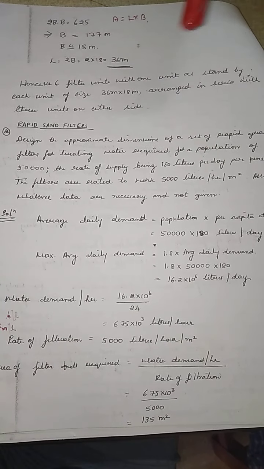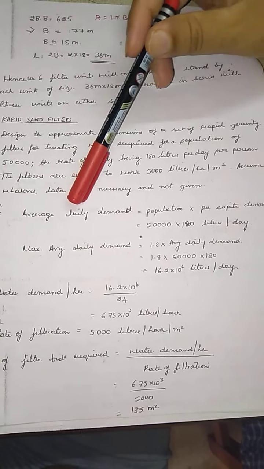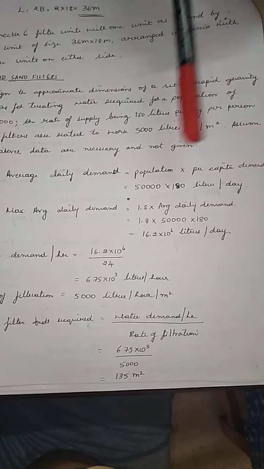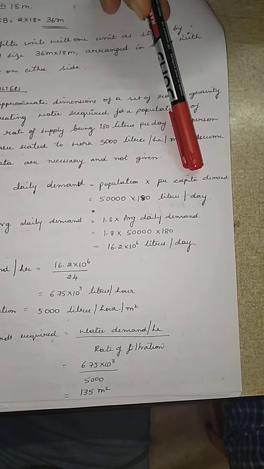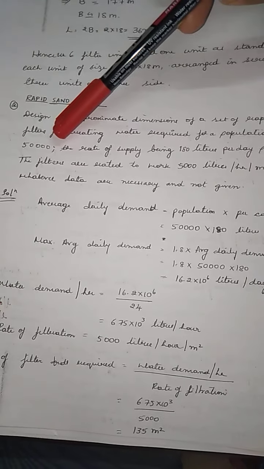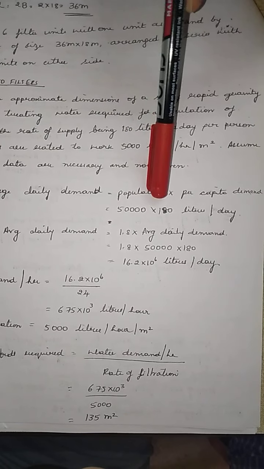Okay, so again it is similar to the last kind of problem. First we want the average daily demand, which is equal to population multiplied by per capita demand. How much is the population? 50,000. Per capita demand is how much? It is 180 liters, already given.